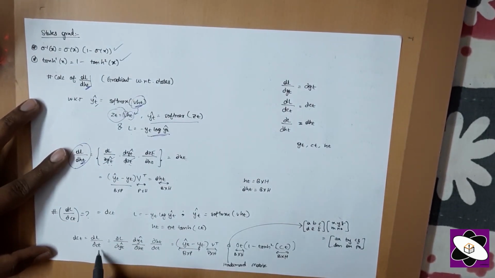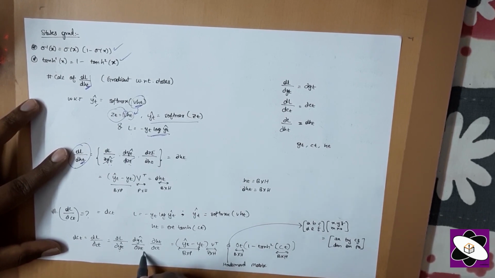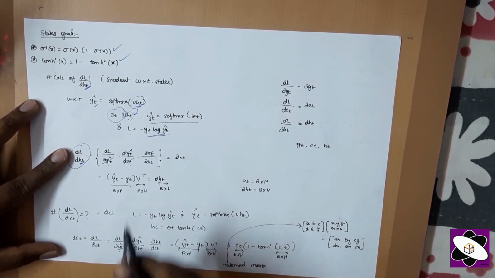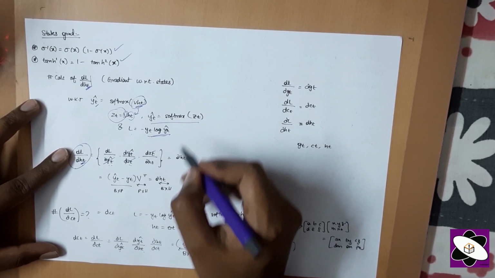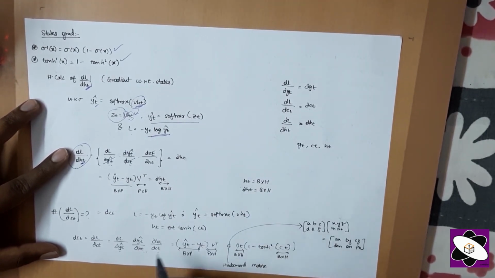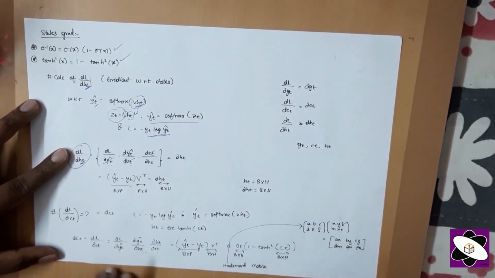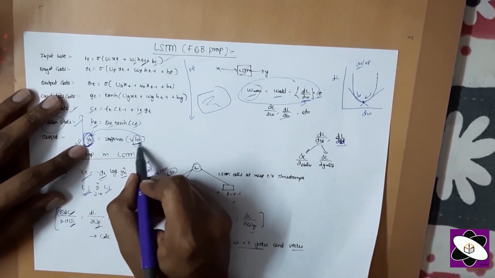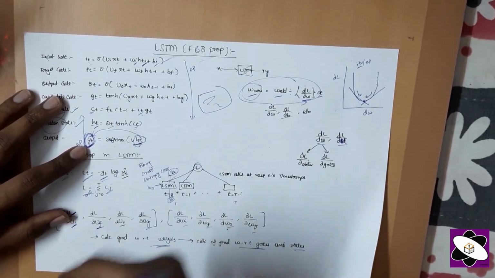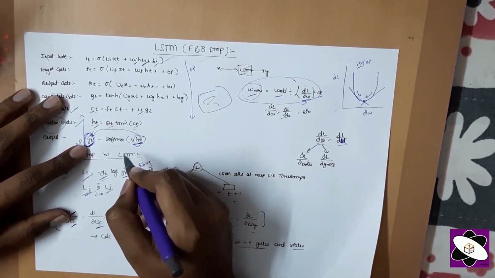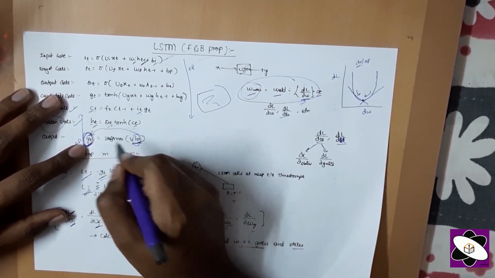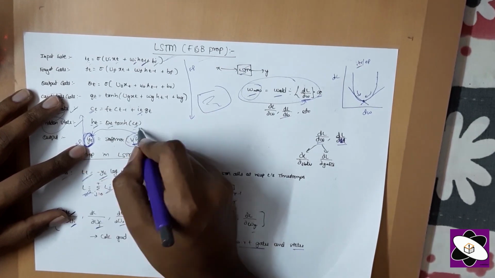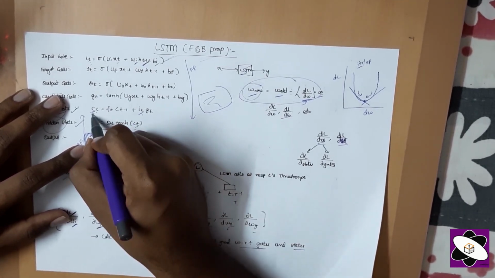Again we need to start from DYT by DHT, and then we need to go DHT by DCT. Now we are not taking VHT as ZT, because we need to go till CT. Earlier it was just for HT, so we could take this as ZT, then ZT by CT, but here we should go to CT.